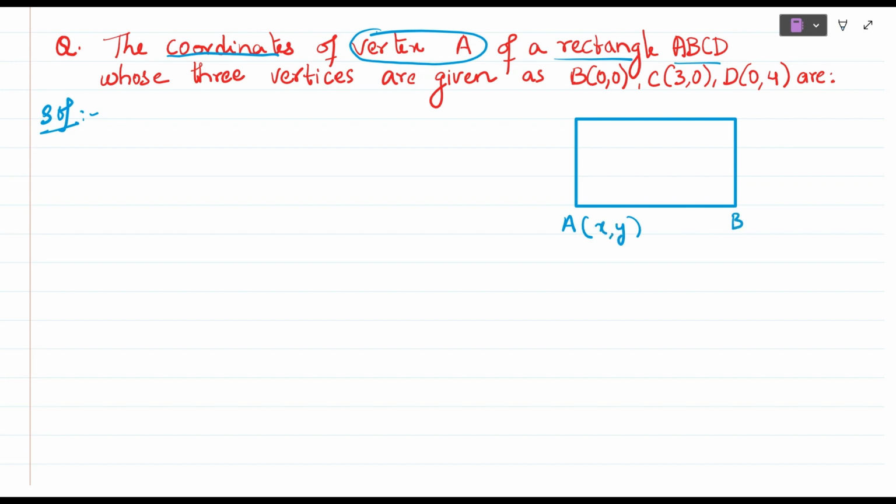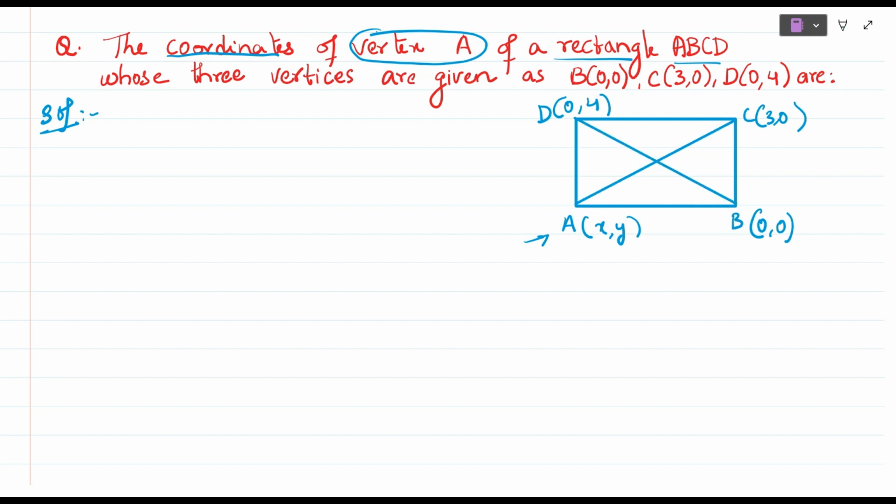And this is B. B, C and D are given as coordinates 0, 0, C 3, 0 and D 0, 4. Now they are asking us to find the vertex A. Just join the diagonals. Understand students? So join AC and join BD.